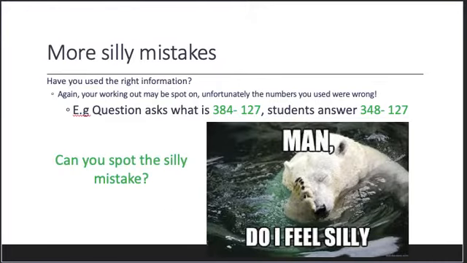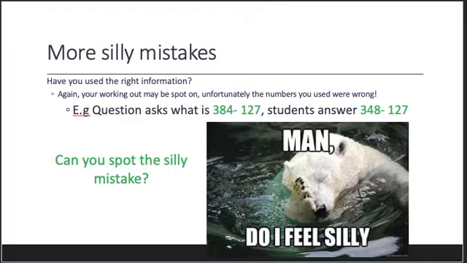Other silly mistakes that we've seen that are really, really silly: have you actually used the right information? Have you extracted the correct information that you need to answer the question from the question itself? Again, the maths you've performed might be spot on, but unfortunately, if the numbers that you've begun with are not right, then you will get the wrong answer.